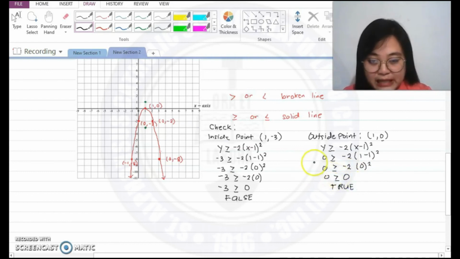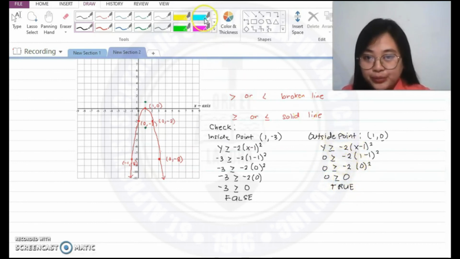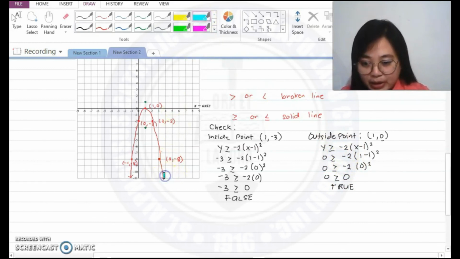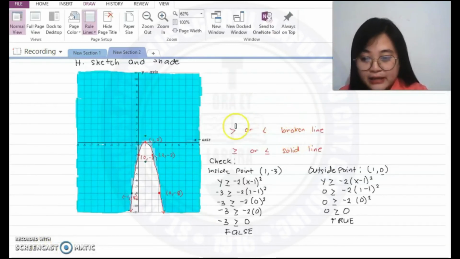So as you can see, class, since the outside point tests true on this checking, then we need to highlight the outside points. From this part of the parabola, I want you to use your highlighter and highlight all the space outside the parabola. Slowly but surely. And that's it, class. You need to shade all the outside region of the parabola.